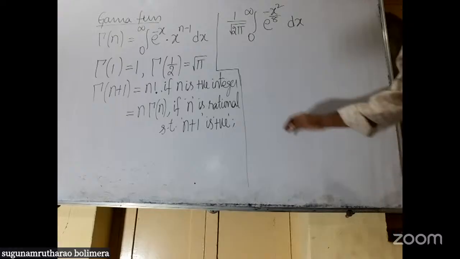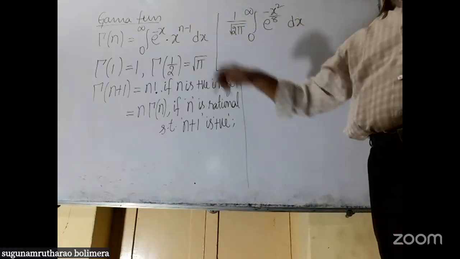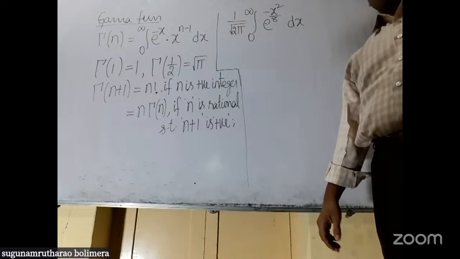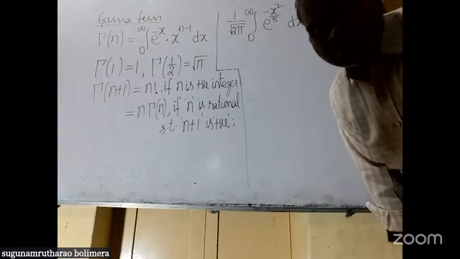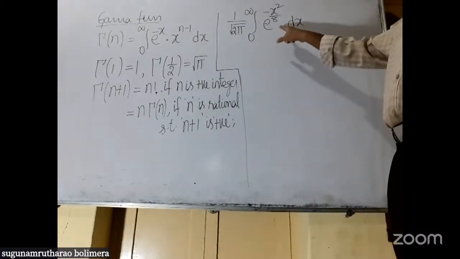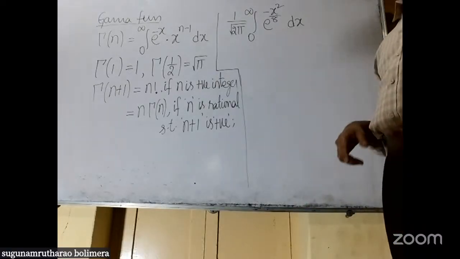So we are having the limits from 0 to infinity, then you can utilize this one, when it is involved with e power minus x squared by 8 dx.